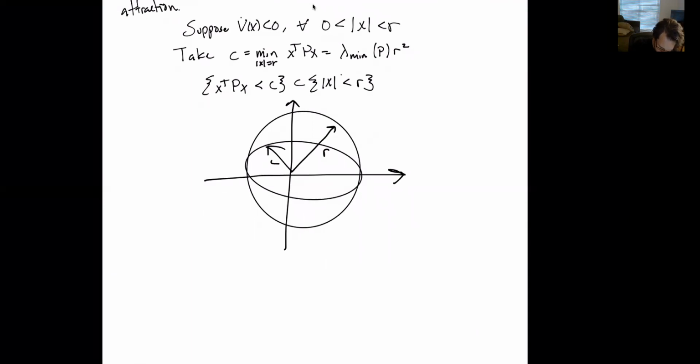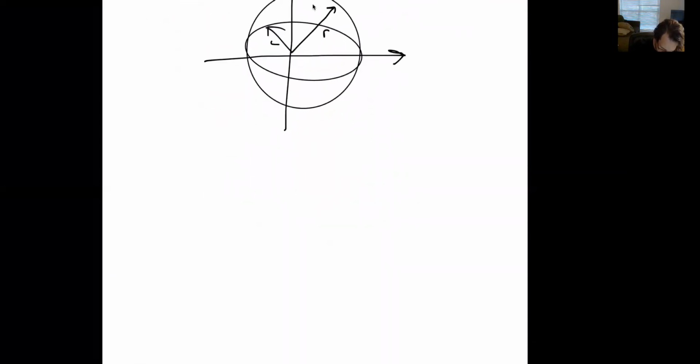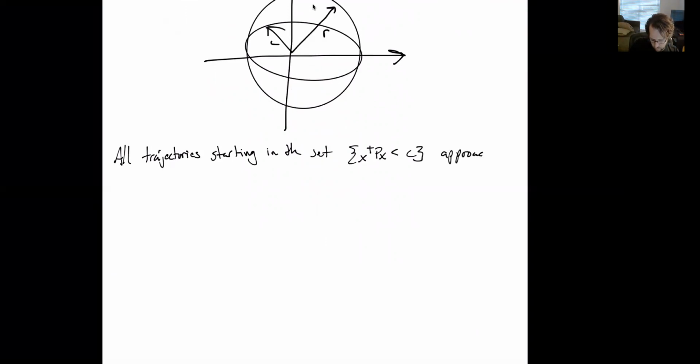So this means that all trajectories starting in the set approach the origin as t tends to infinity, right?